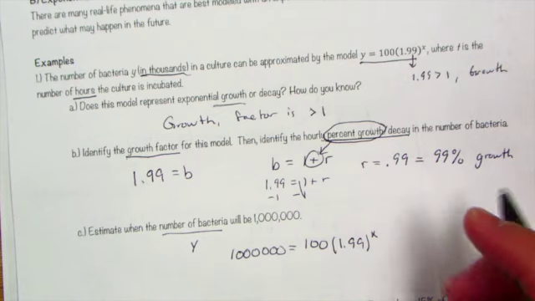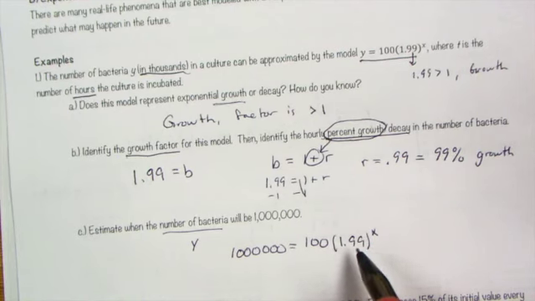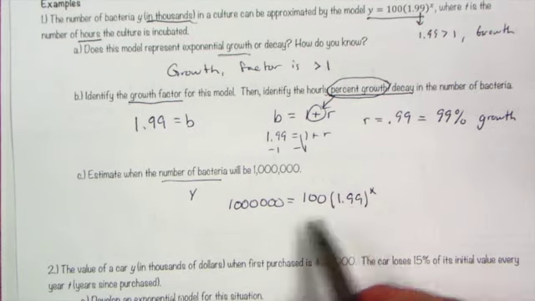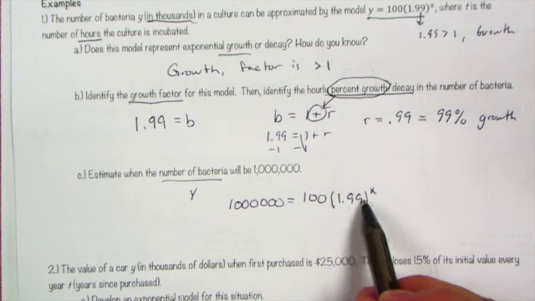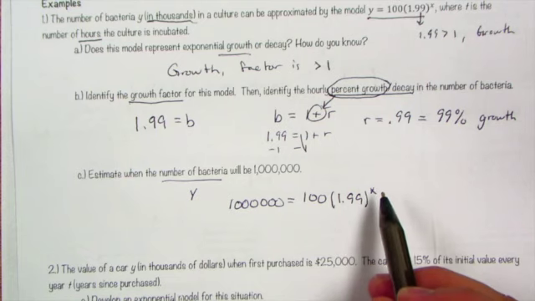So here's what we do. Right now we can show you ways of approximating this. We're going to get to this later in this unit. Right now you don't know how to solve an equation where the x is in the exponent.